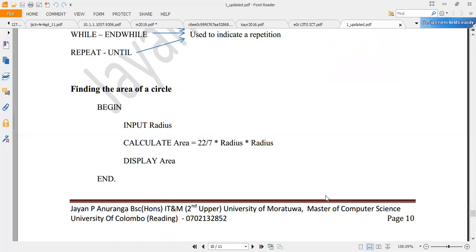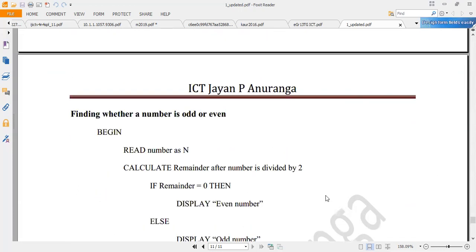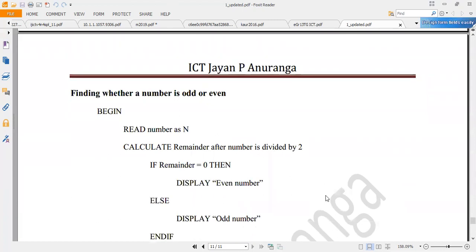Then the next one is output: the keyword display is used to output the variable area. Then the process ends.